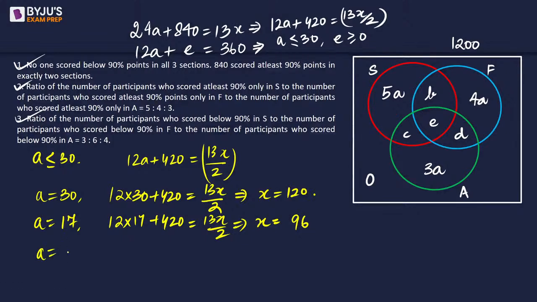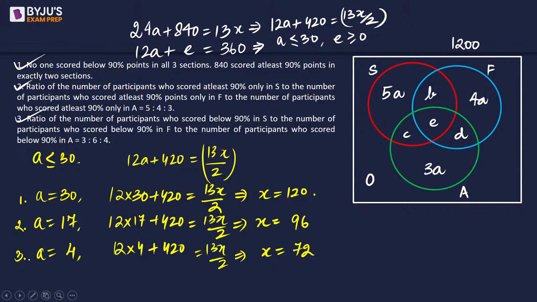Next, a will change by 13. So a will be 4. So we will have 12 into 4 plus 420 is equal to 13x by 2. X will change by 24 again. So this is going to give us 72. अगली बार a की वैल्यू नेगेटिव हो जाएगी. So we have a total of 3 possibilities depending upon the values of a and x.